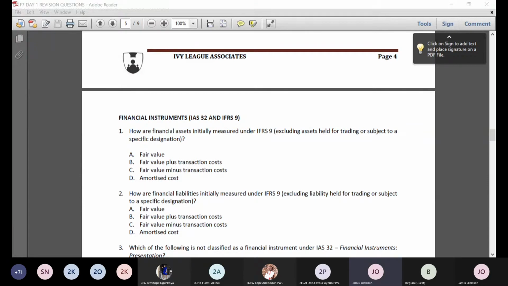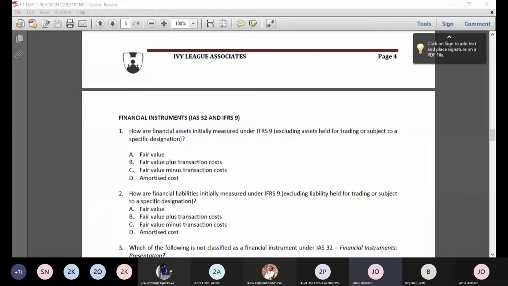Now, what about financial liability? Initial measurement of a financial liability that will be subsequently measured at fair value through P&L: the initial value should be fair value. Transaction cost there should equally be expensed.